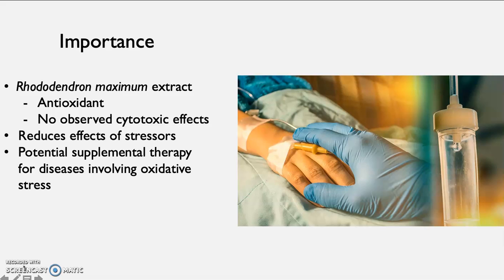And with more research, there is great potential to have this be used as supplemental therapy for diseases involving oxidative stress that I mentioned earlier, like Alzheimer's and cancer. And this is a good alternative to those synthetic compounds synthesized in a lab, since these are more natural biotic compounds.